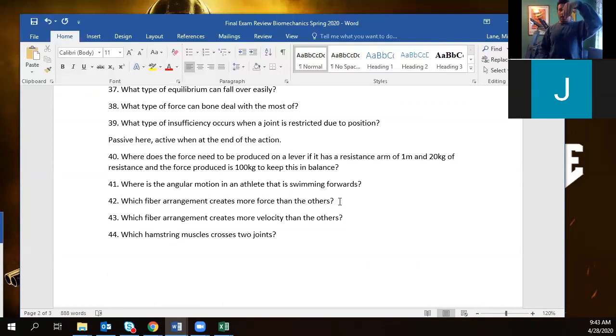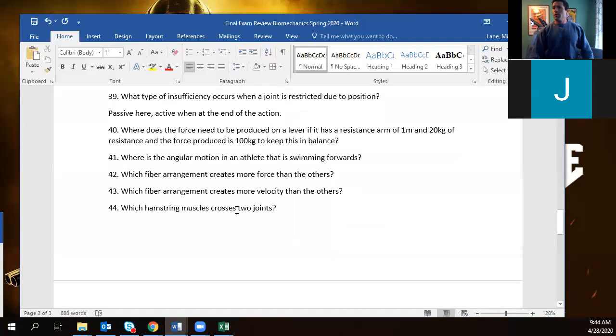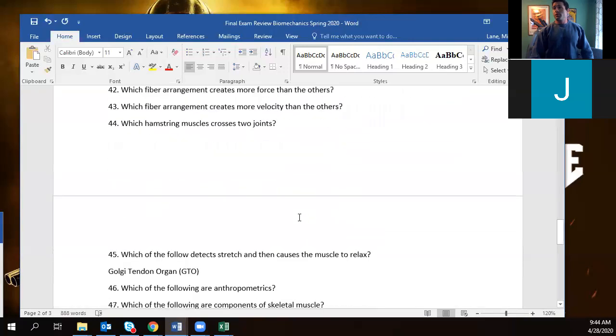So the muscles that have just the straight long, so they're not pennate, they're just essentially linear arrangement, those are going to be naturally faster, but the ones that are pennated are going to have a greater force production. Good question. And this is going to be the long head of the biceps femoris, semitendinosus, and semimembranosus. Really, it's everything except for the short head of the biceps.